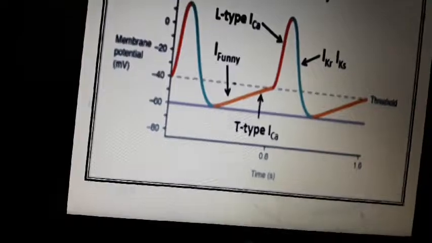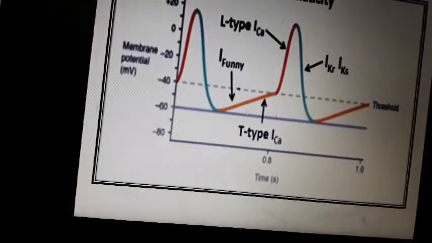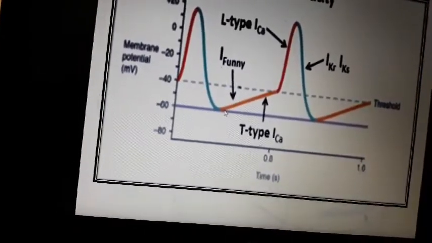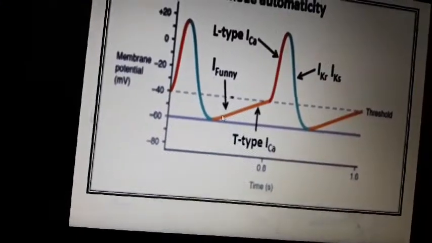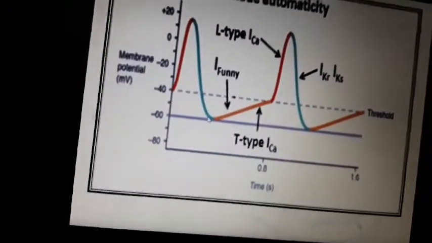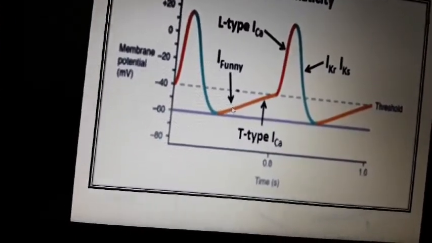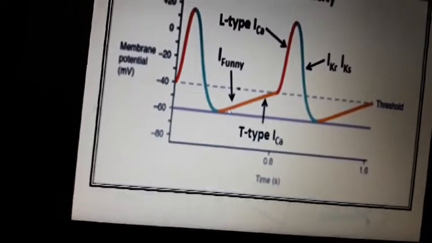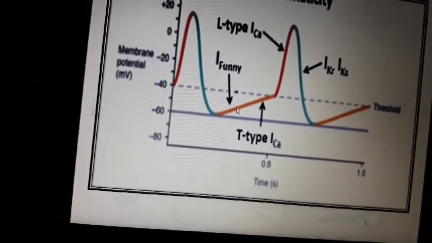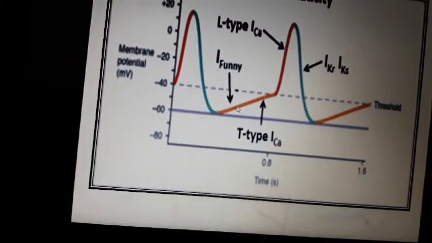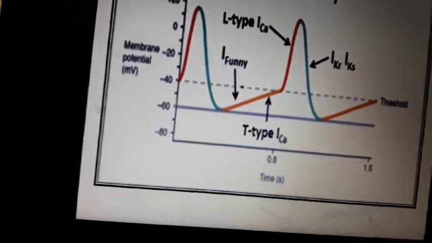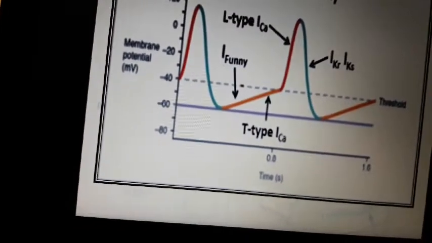So the opening of the funny type of sodium channels causes a sodium influx in the cell that creates positivity inside the cell. Say the potential reaches up to minus 50 or minus 55 millivolts, then suddenly this creates a stimulus for opening of the T type, transient type of calcium channels.